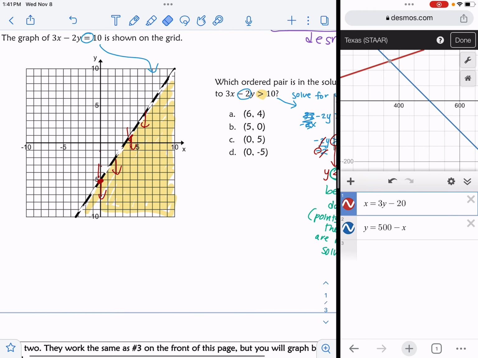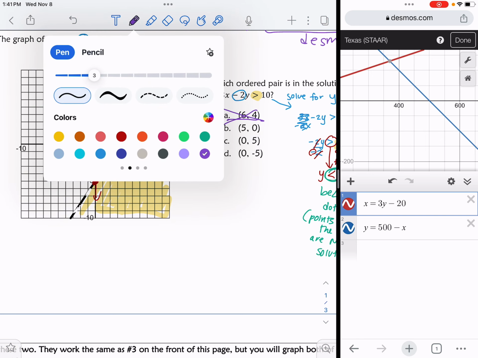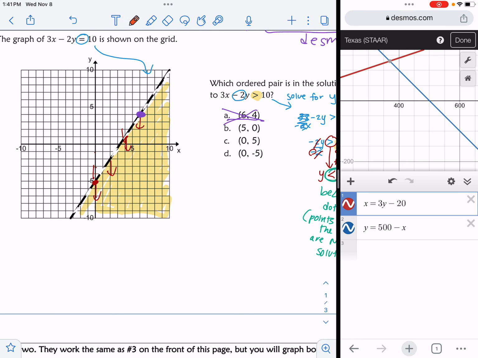And so now we can plot all these points and see which one's in the solution. If I plot 6, 4, 6, 4 lands right on the line. And so cross that off, that is not a solution. And then the point 5, 0, he's in the shaded region, so he works.